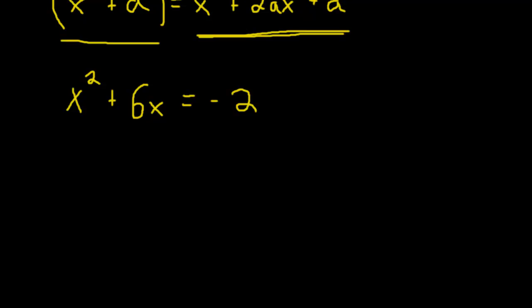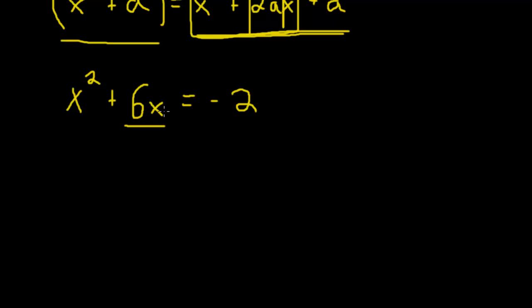basically, we are in this form right here, and the x squared is here. Yes, we have x squared plus this 2ax. This 6 is basically a 2a. Let's take out the x because that's separate.